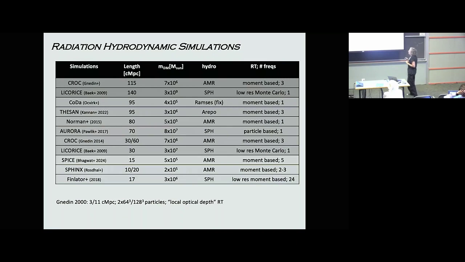And in this list, I could not avoid mentioning what is probably the first of these radiation hydrodynamic simulations, by Nick more than 20 years ago, which cannot be compared with modern simulations in terms of resolution and box dimension, but it already contained basically all the physics relevant to the problem.